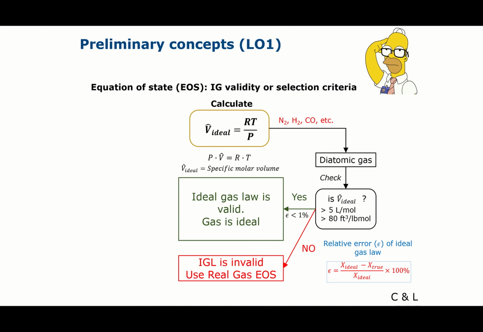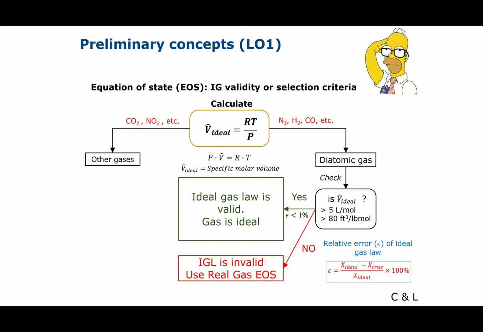But if for diatomic gases the specific molar volume is less than 5 liter per mole, the difference between ideal gas law and real gas equation of state would be much bigger, the relative error would be much bigger than 1%. So that's the logic behind this.